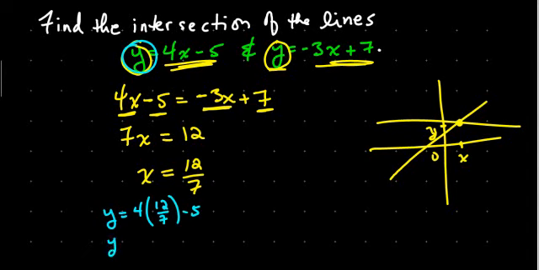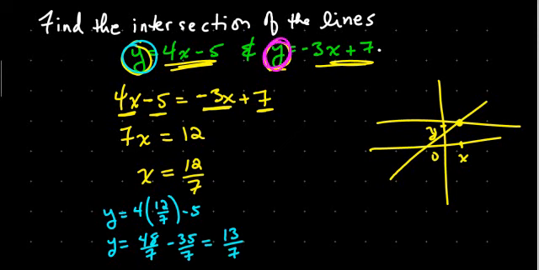So y equals 48 sevenths minus 5. And 5 is going to be 35 sevenths. What's 48 minus 35? 13. 13 sevenths.